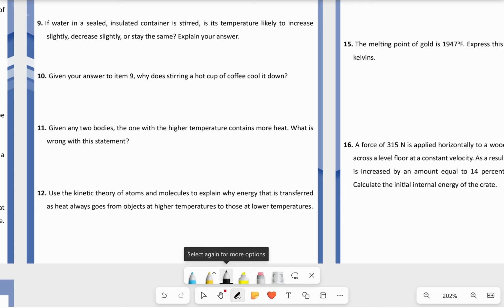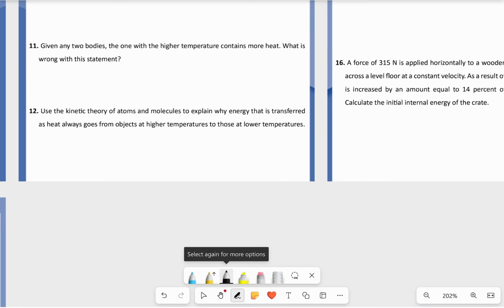Use the kinetic theory of atoms and molecules to explain why energy that is transferred always goes from higher temperatures to those at lower temperatures. Well, because the atoms in the object that has a higher temperature are moving much faster.